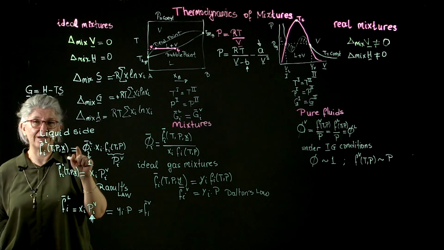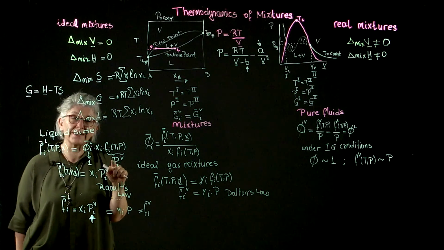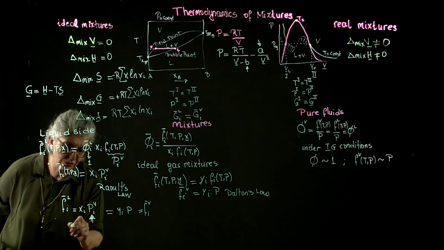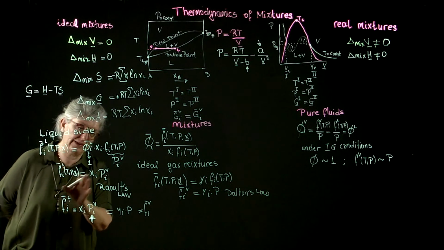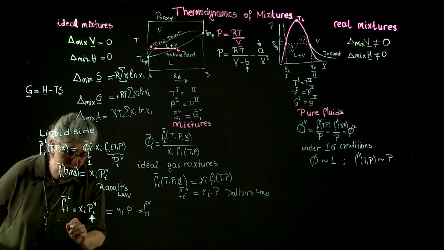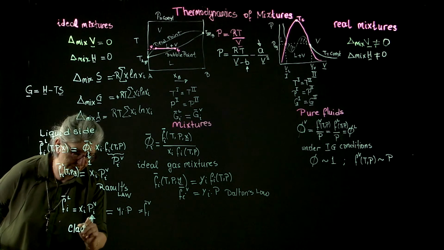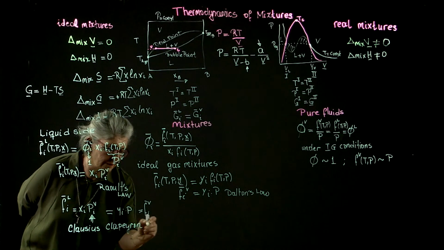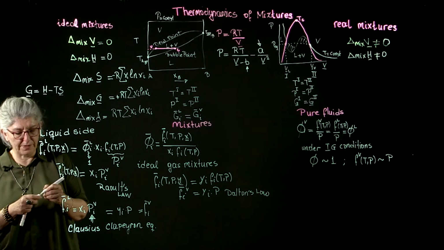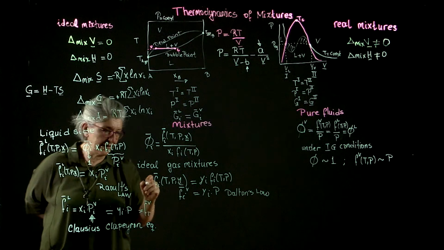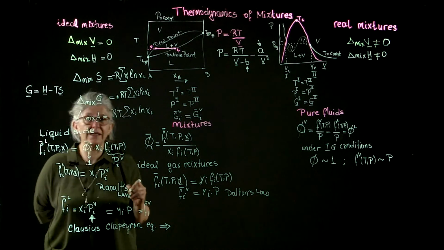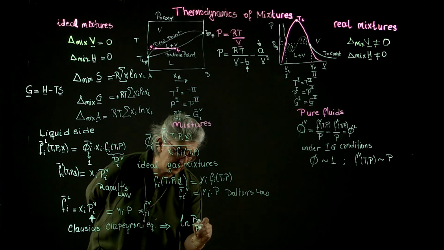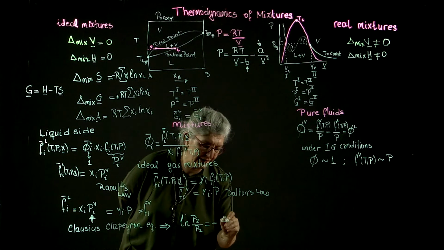Now, the thermodynamically consistent approach for this can come from the Clapeyron equation, or an even more approximate but straightforward one, the Clausius-Clapeyron equation. And if you remember, the Clausius-Clapeyron equation allowed us to relate the vapor pressures of the fluids to their heat of vaporization.